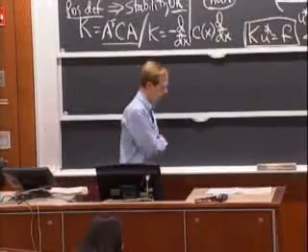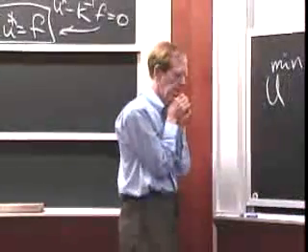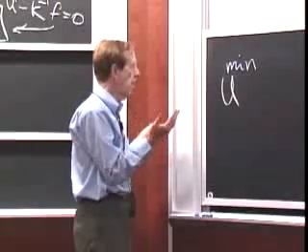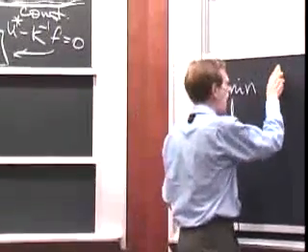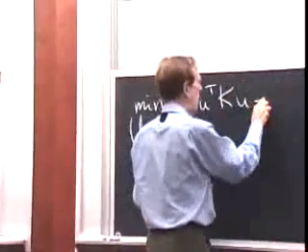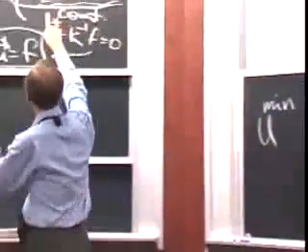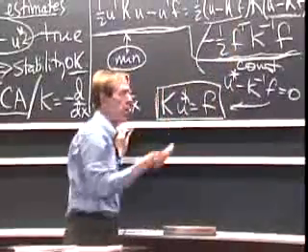Okay. So now this is the central issue here. I want to minimize my same guy, 1/2 U transpose K U minus U transpose F, or which is exactly the same, that same right-hand side, because the two are equal.